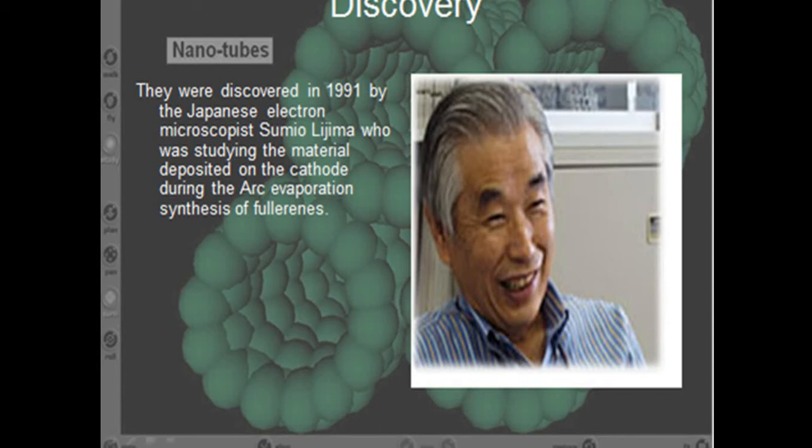His intention was not to develop or discover the carbon nanotube. He was working on his regular experiment, the arc discharge evaporation method for the synthesis of fullerene, and meanwhile he found that some new structure had been prepared, and he named it carbon nanotube. This structure was discovered in 1991.